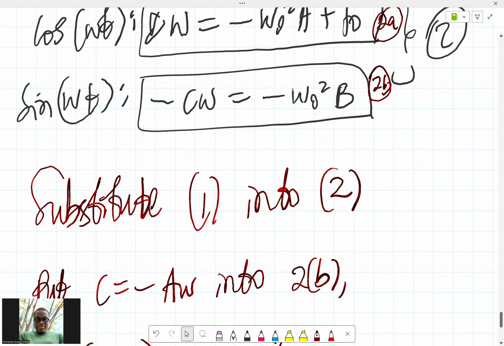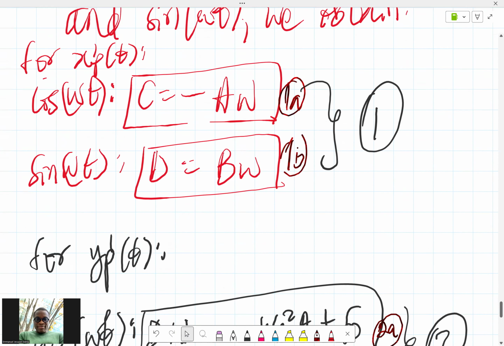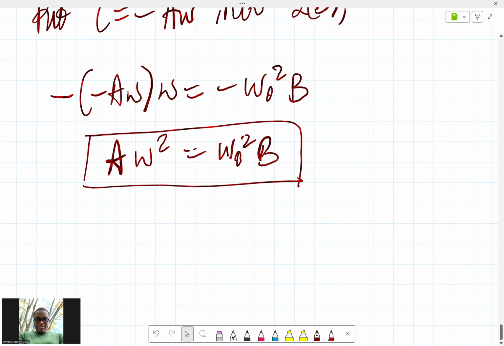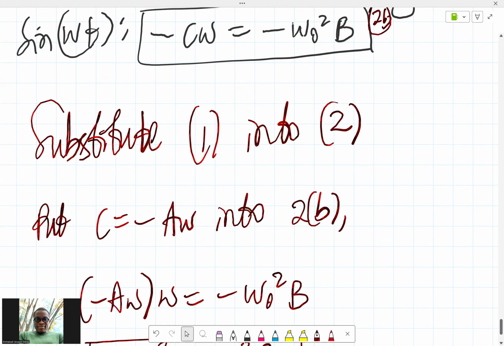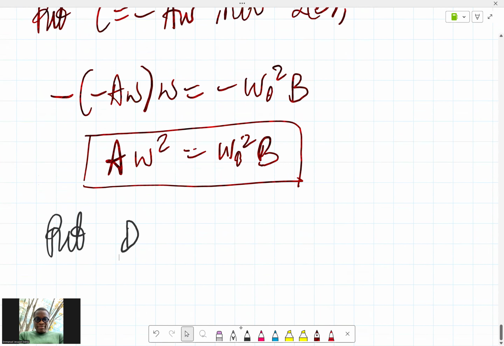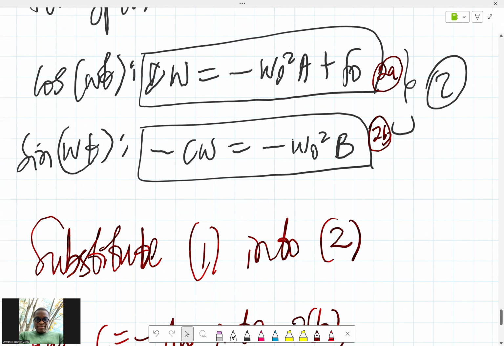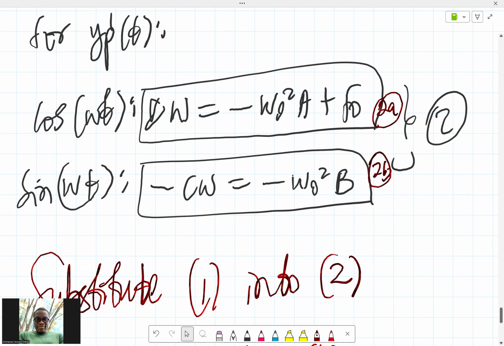Then for the next one, that's for C. For D also, D here is b omega. So put b omega for D in 2A. 2A is d omega equals minus omega naught squared a plus f naught.